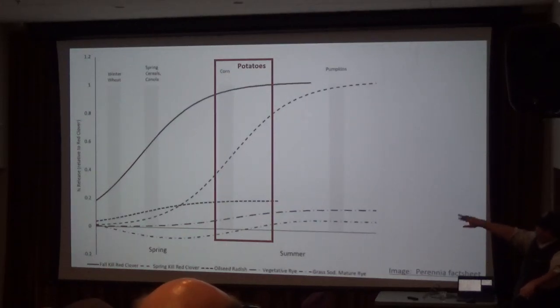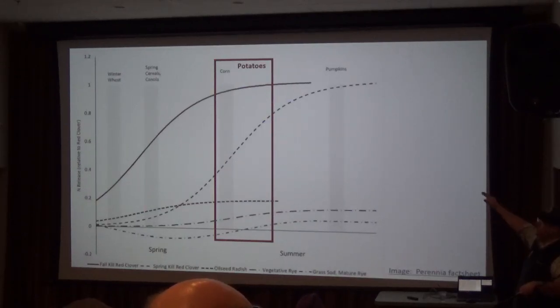And if you see that top black line, which is fall terminated red clover, it's only 40–50% available in the spring for your spring wheat or spring barley when the crop needs it. But the uptake of nitrogen in potatoes and corn is relatively similar, about the same amount of time. It gets up towards 90 to 100% available later on, right?